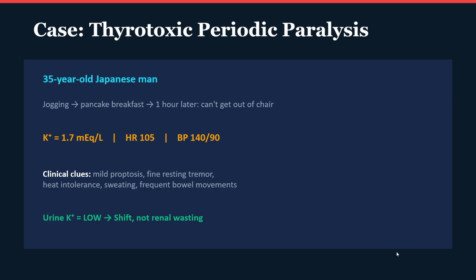And the presentation, acute paralysis after exercise and a carbohydrate load in a young Asian man. This is thyrotoxic periodic paralysis. The urine potassium will be low because this is a shift, not a renal loss. The kidneys are doing their job conserving potassium in the setting of hypokalemia.